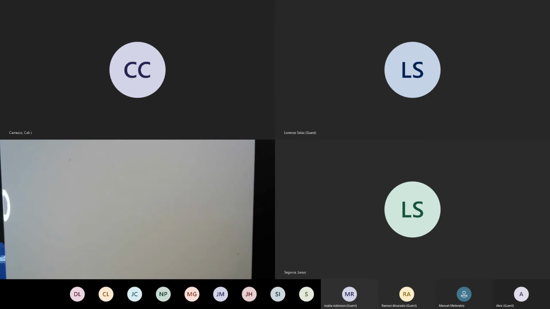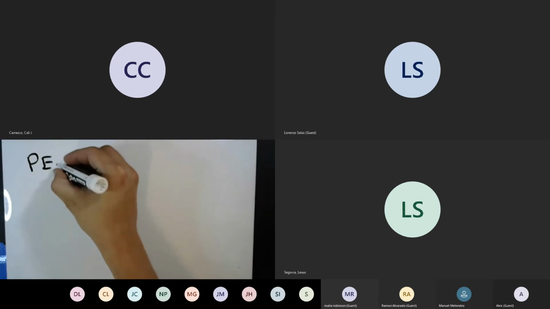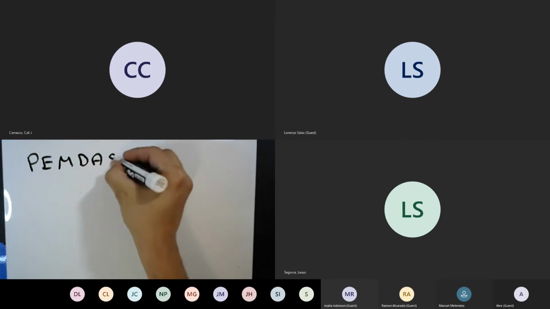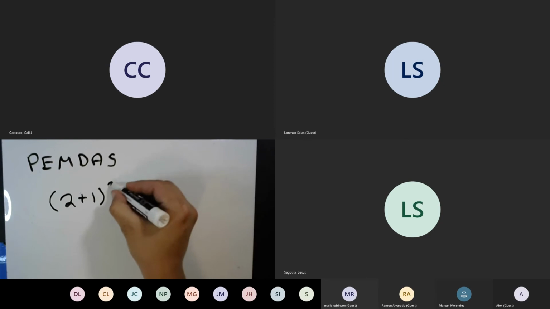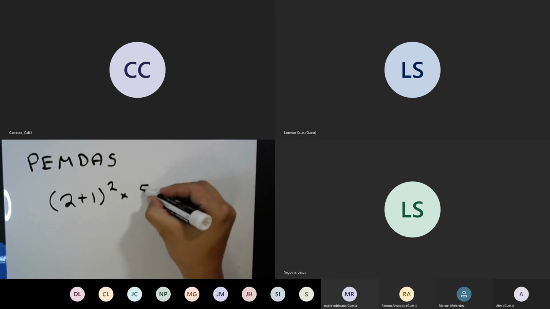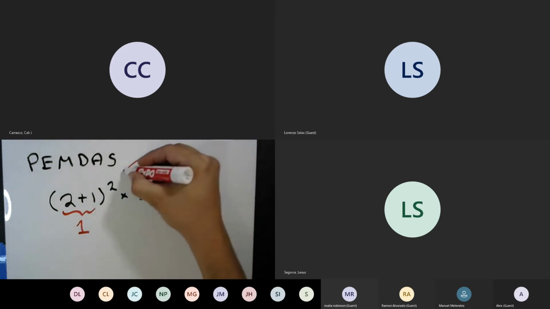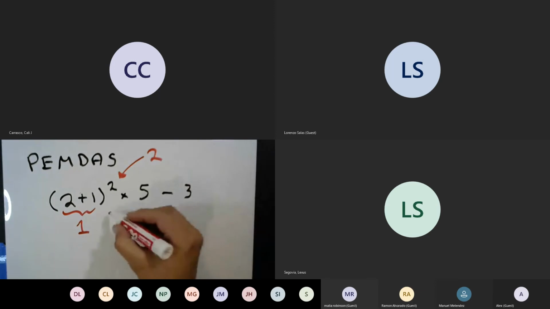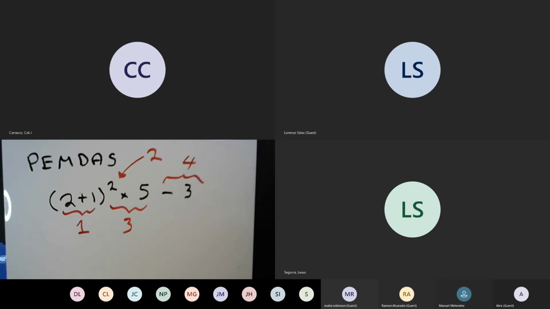So usually with PEMDAS, what we do. Usually, we would calculate this first, then we would do this second, and then we would multiply third, and then we would do our subtraction fourth.